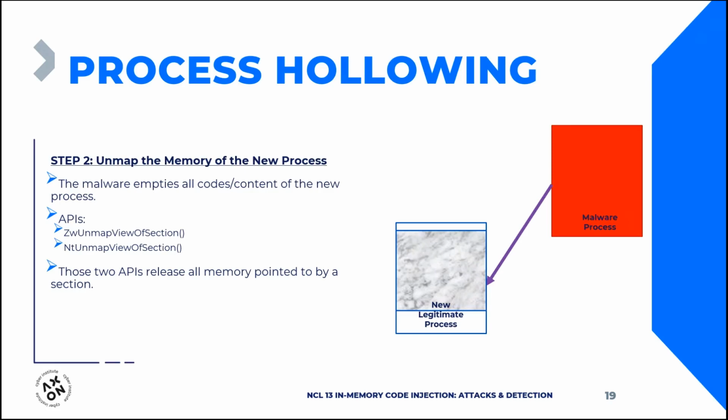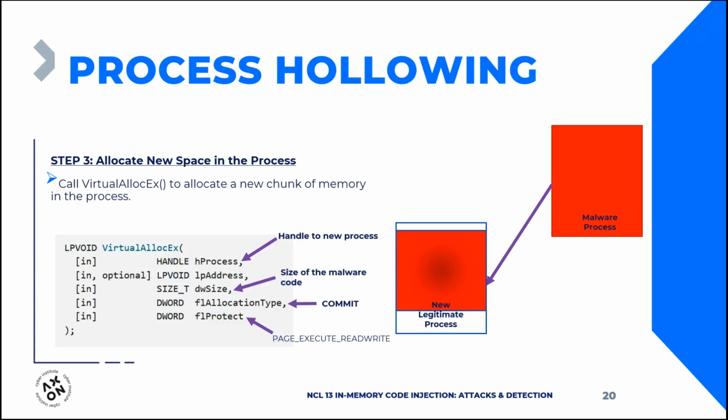It will empty it until I have simply a skeleton of a process, with really nothing inside it. So now I have a process in a suspended and very stripped state.